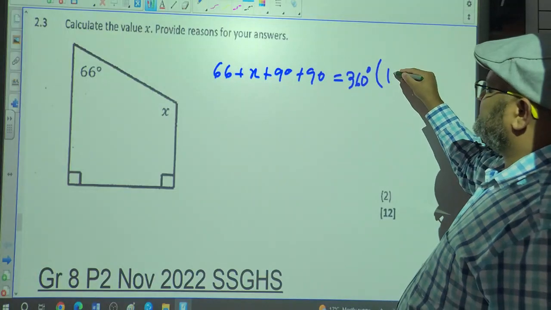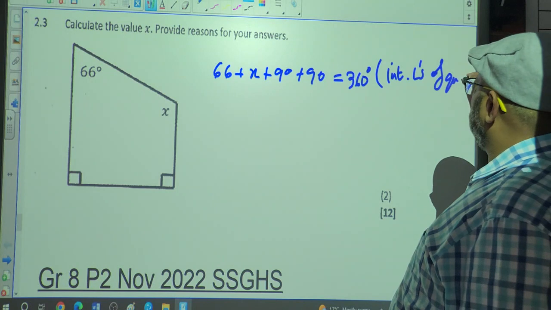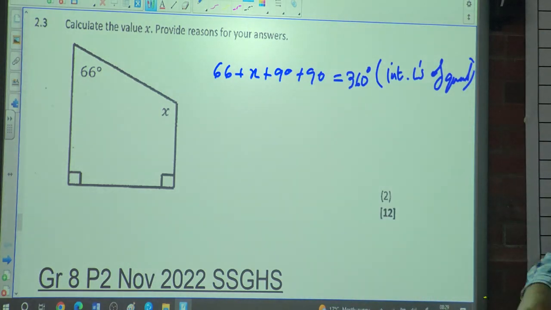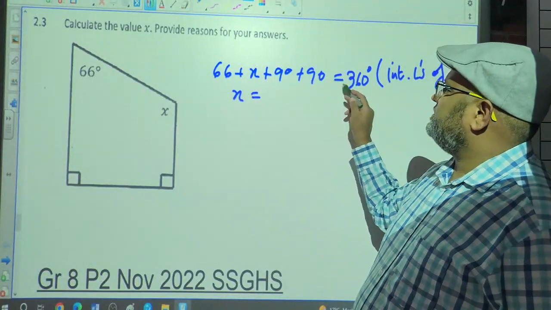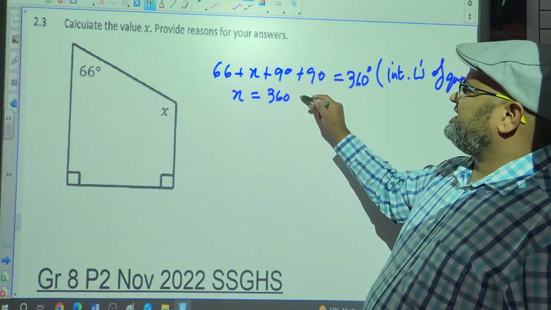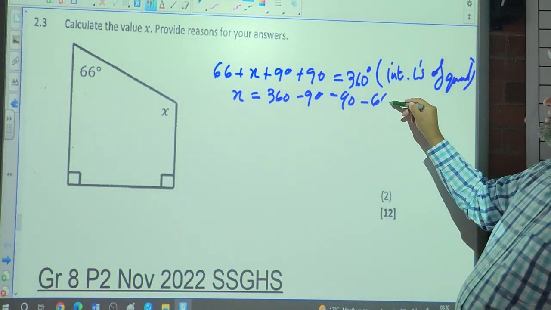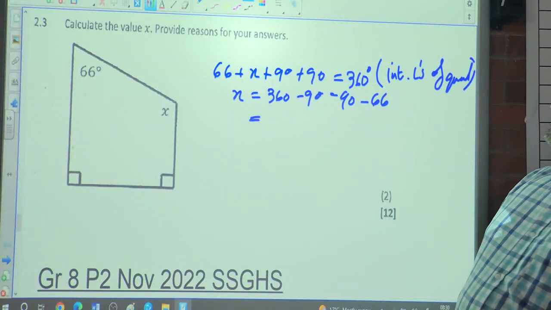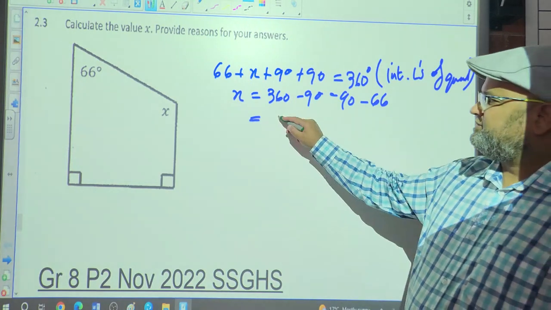Why? Because it's the sum of the interior angles of a quadrilateral. So that's going to give you x is equal to 360 minus 90 minus 90 minus 66. So that's 180. So 180 minus 66 is 114.